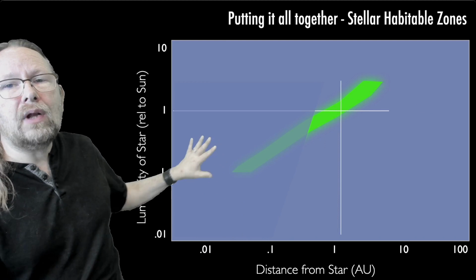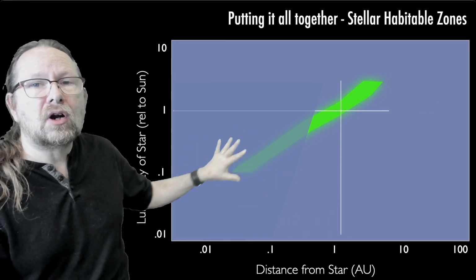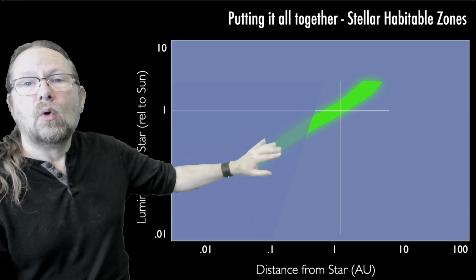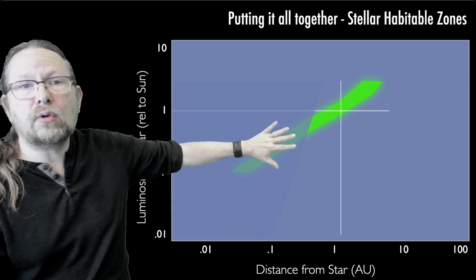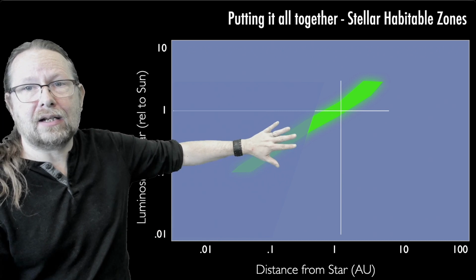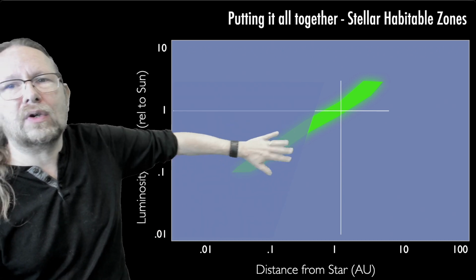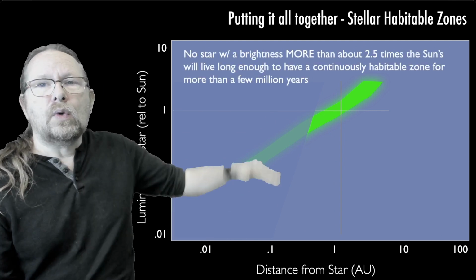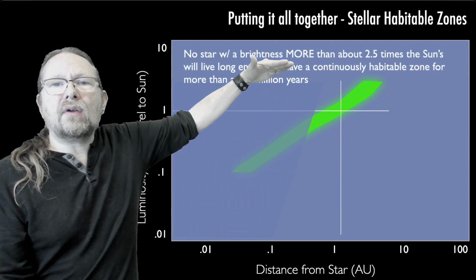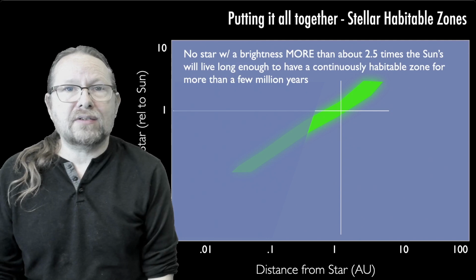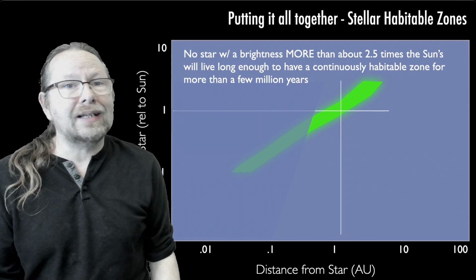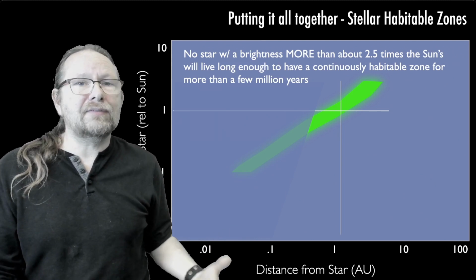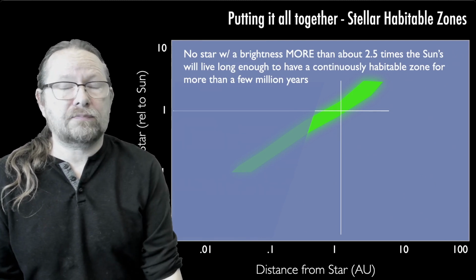We can rule out any star or any region of a planetary system where the planet would have to be so close to the star that it gets tidally locked. That cuts out this whole region of the space right here. We can rule out anything more than about 2.5 times as bright as the sun, because it won't live long enough for its habitable zone to be livable for more than a few million years.